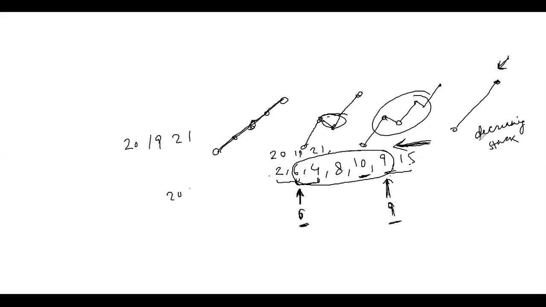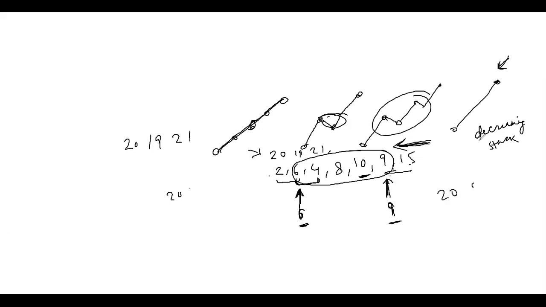In this case also, when you go from left to right in the increasing sequence, 20 will be the first guy who is not adhering, because I'm first going left to right, building an increasing stack to figure out the left extreme. Or we take 20, 22, and then 21.